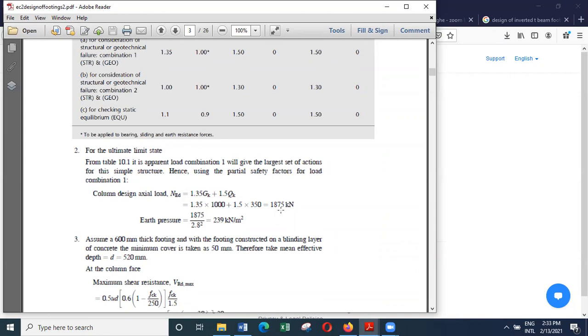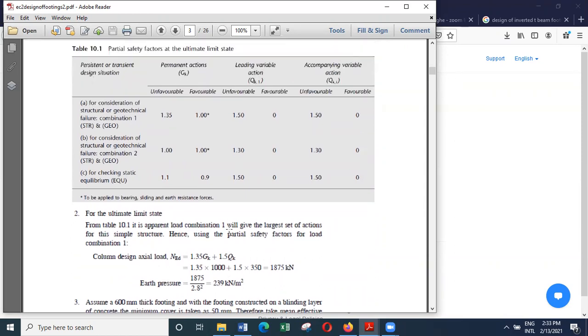If you divide this by the area of the footing, you will get the soil pressure acting on the footing at ultimate limit state loading. So this is the pressure acting upwards.